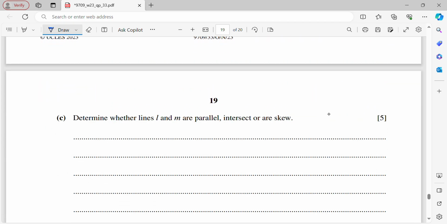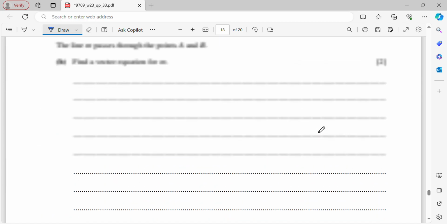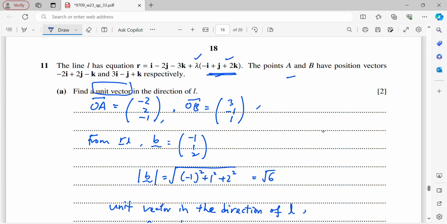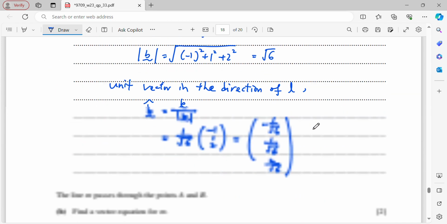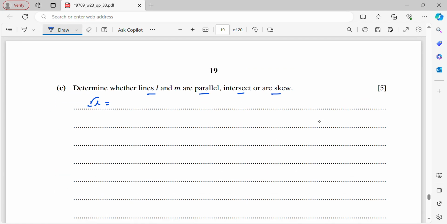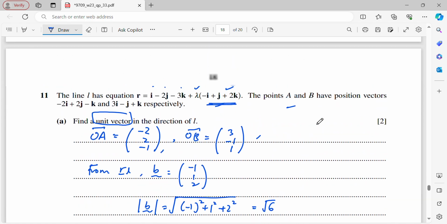Okay, now, next part, determine whether lines L and M are parallel, intersect, or are skew. So now, I have to write down r_L. It will be 1i minus 2j minus 3k, so (1, -2, -3), plus lambda(-1, 1, 2), that is, -i plus j plus 2k.